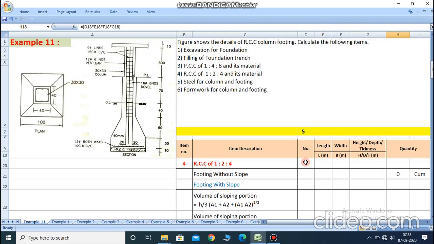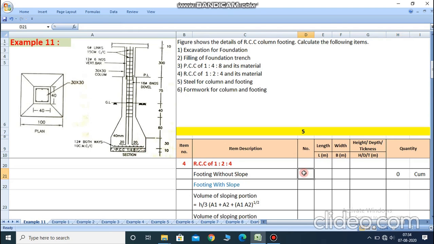First we calculate footing without slope, from the bottom of the foundation up to this point. But here the PCC is already calculated, so from above the PCC up to the slope we calculate the footing without slope.